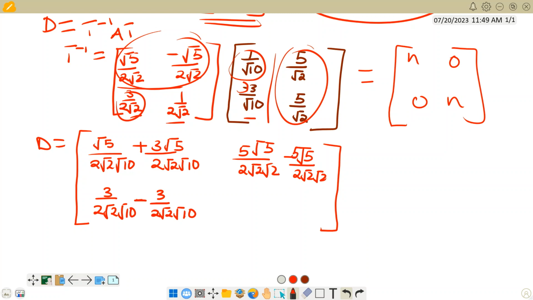Then the last part: 3 times 5, that's 15 over 2 root of 2 root of 2, right? And then plus 1 times 5, that's 5 over 2 root of 2 root of 2.